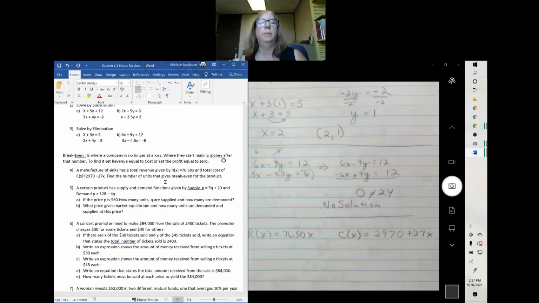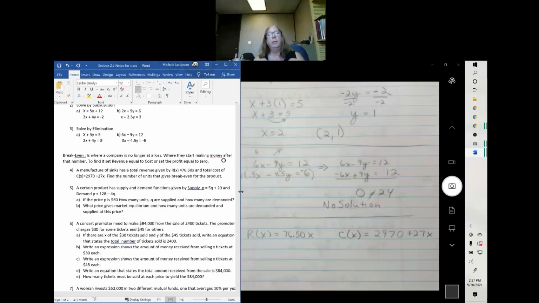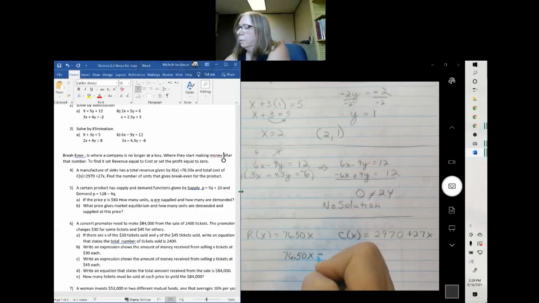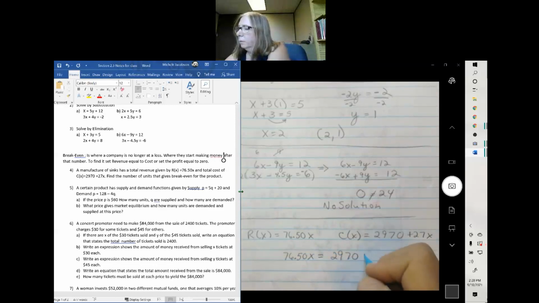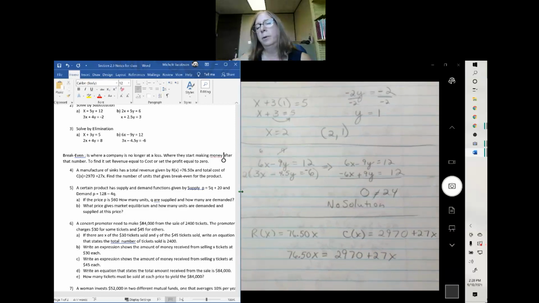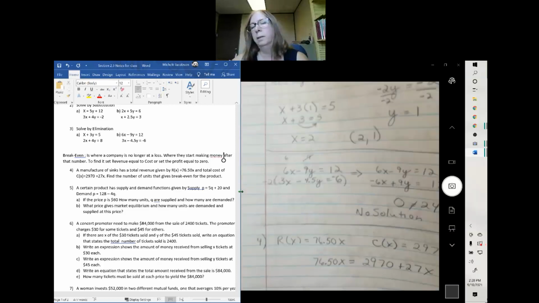It says, find the number of units that gives the break-even product. So to find the break-even quantity, we set them equal. Now we're solving.